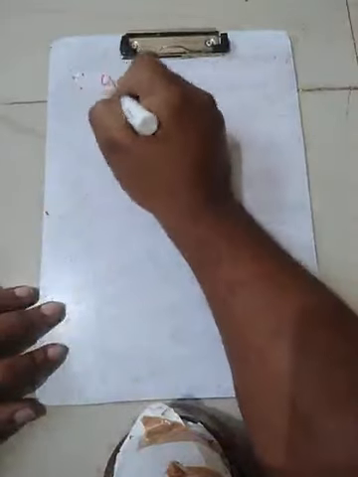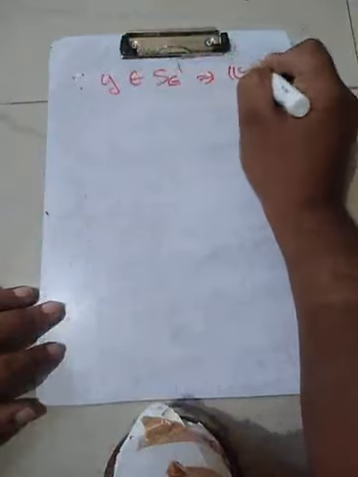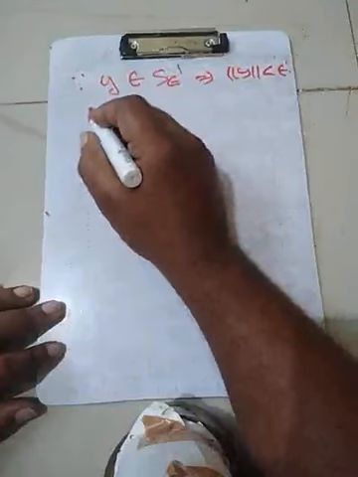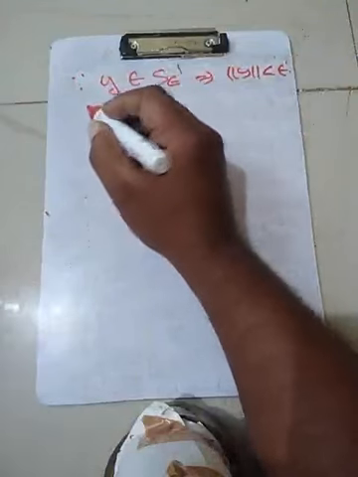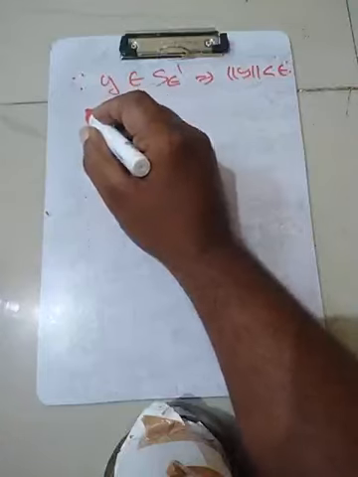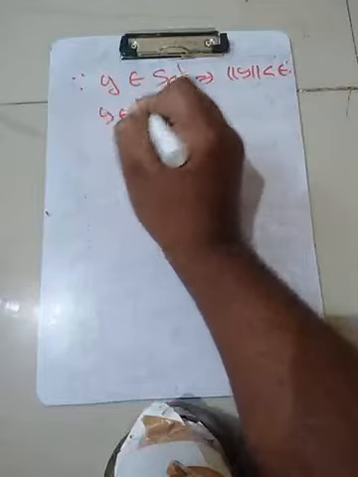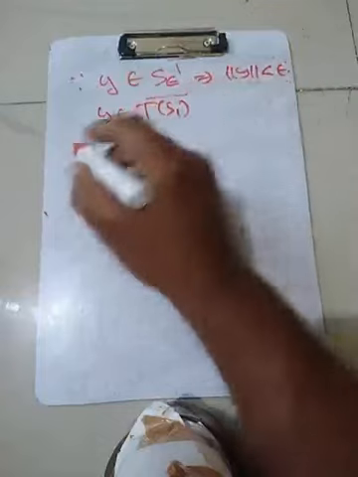and since y belongs to S'_epsilon, the norm of y is strictly less than epsilon. And y is also in the closure of T(S_1).